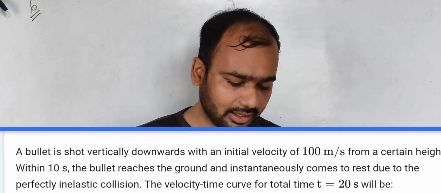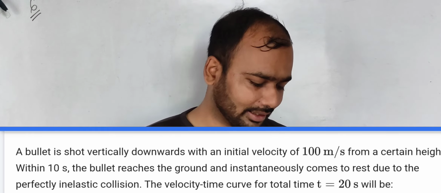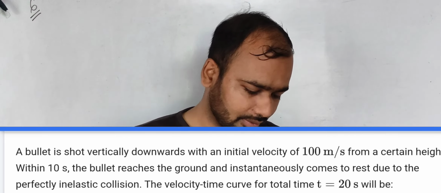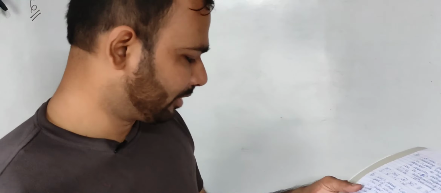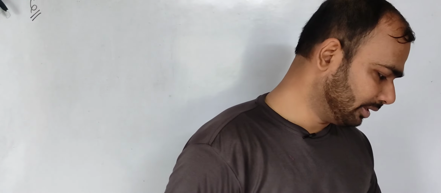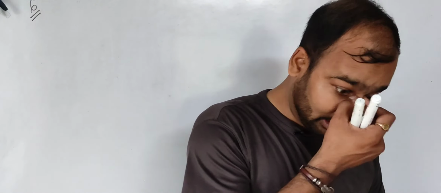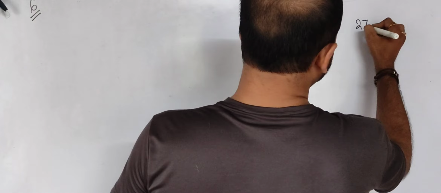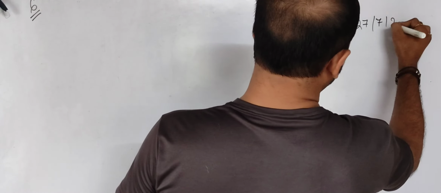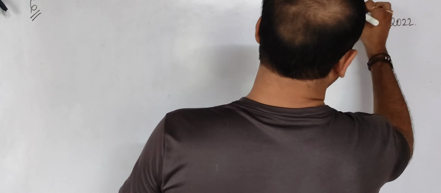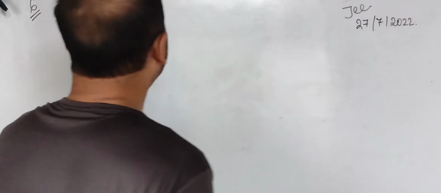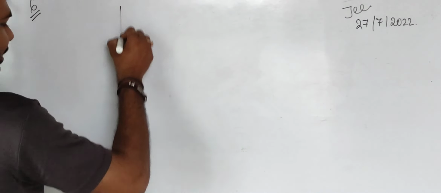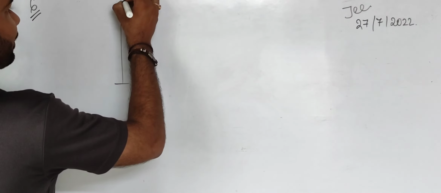The v-t curve for the motion will be, there are 4 graphs in the options. We have to select the correct graph. This was asked on 27th July 2022.